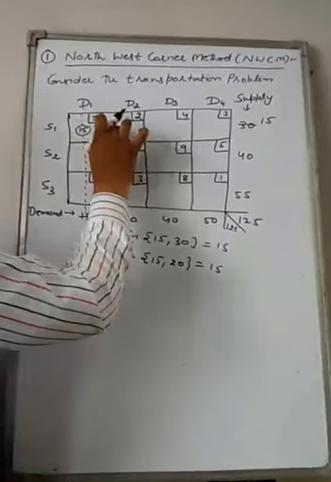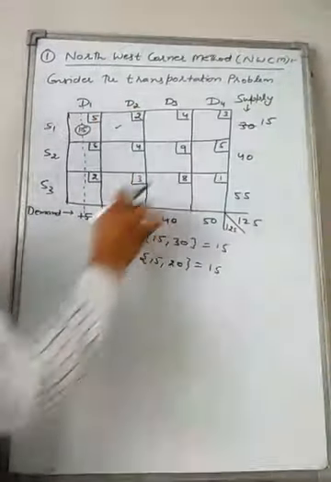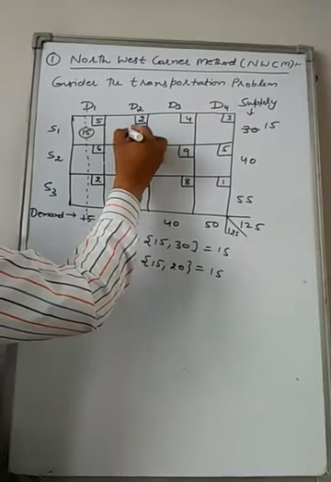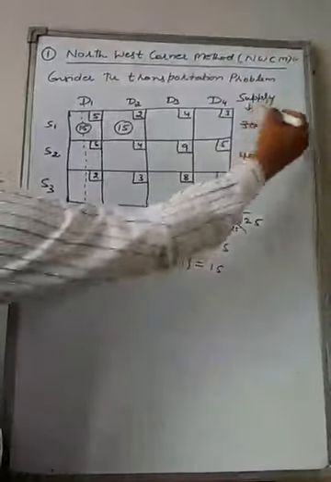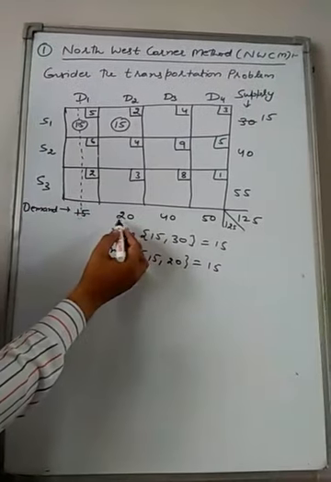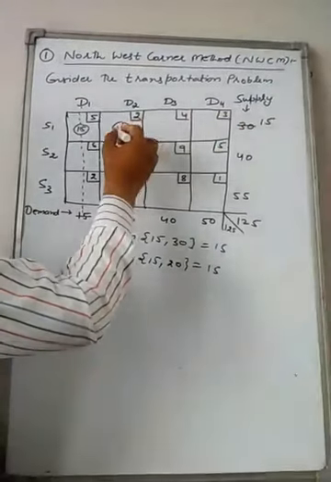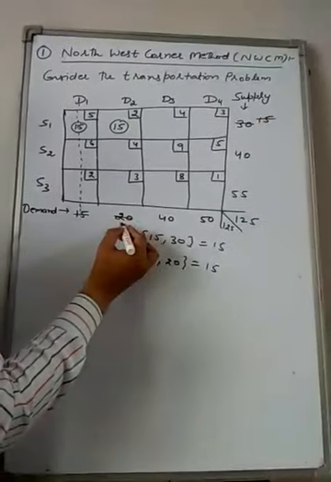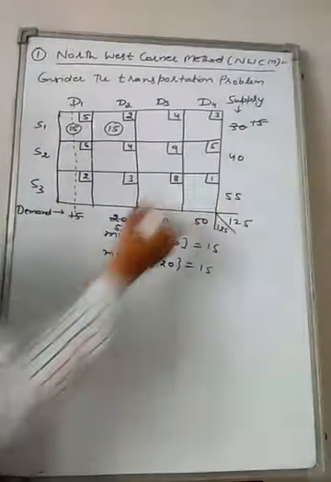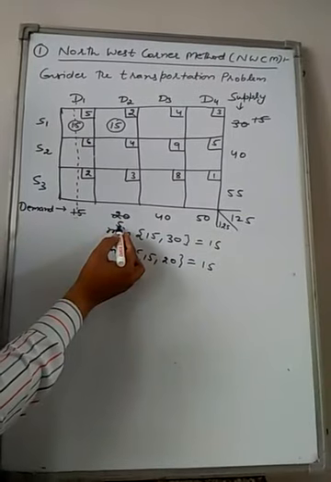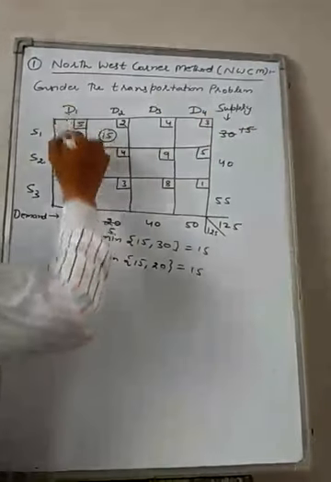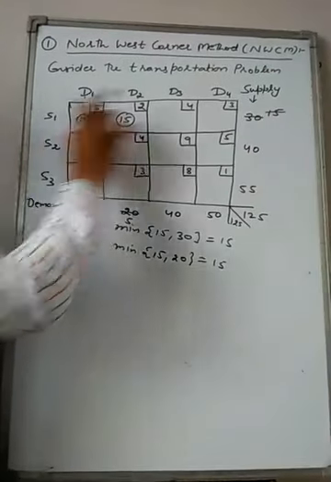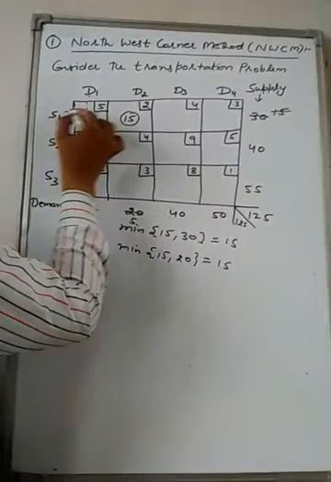We allocate here in this cell the minimum of 15 and 20, that is 15. Therefore, we allocate here 15. And the demand after the allocation of 15 units remains 5, that is the difference of 15 and 20. Now, as the supply is over in source S1, therefore we cancel out this row.